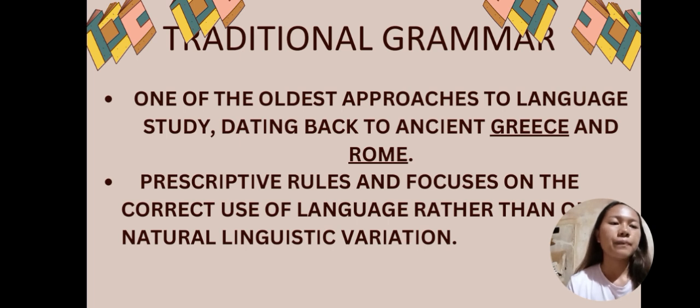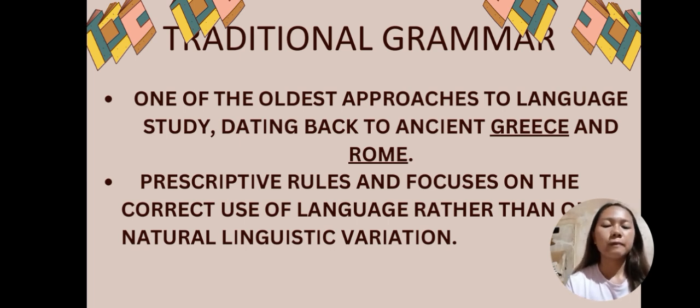So traditional grammar and grammar are connected. It focuses on rules and conventions and teaches people how to use grammar correctly, even if it is not the way most people actually use language. It gives emphasis to the conventions and set of rules of a language.